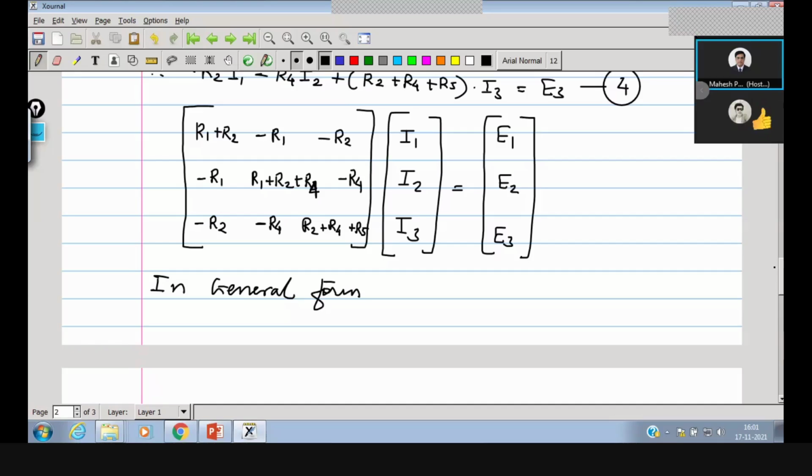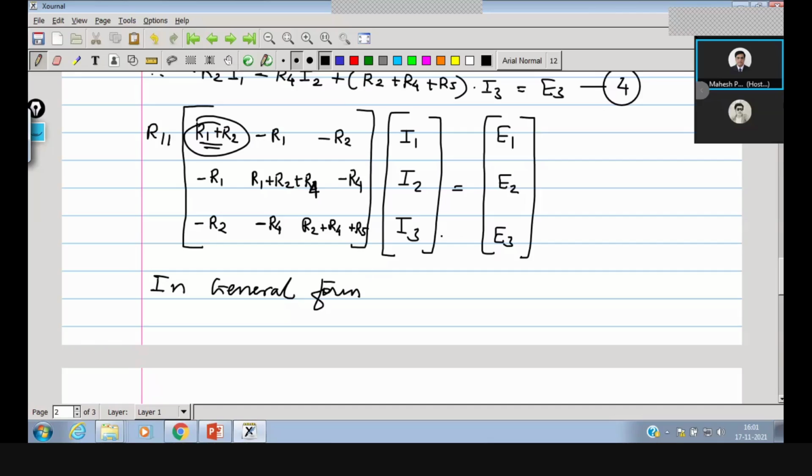So R11 is written directly. If you come across any loop and find different values of resistors, that is R1 and R2, you can directly add these two values and write R11. So without writing any equations, you can directly insert the parameters in this matrix form.